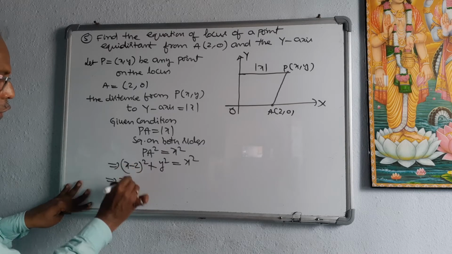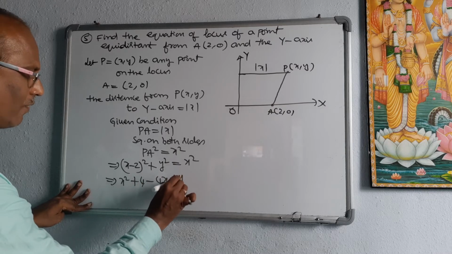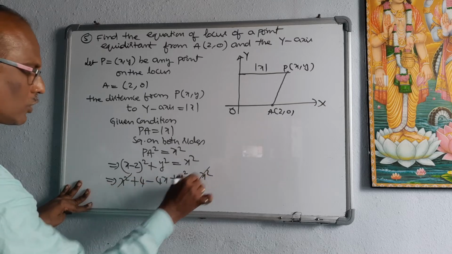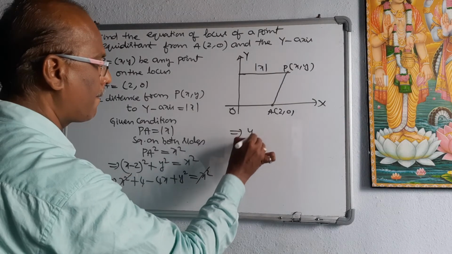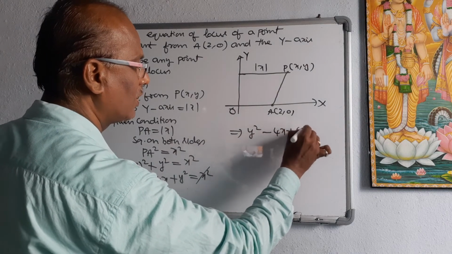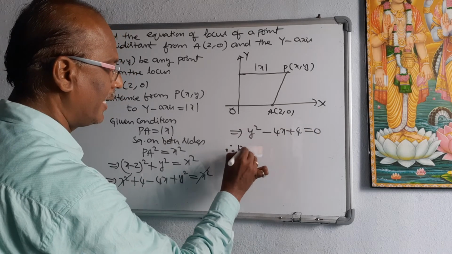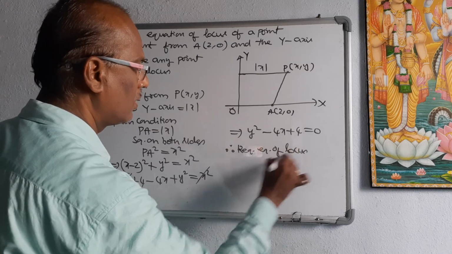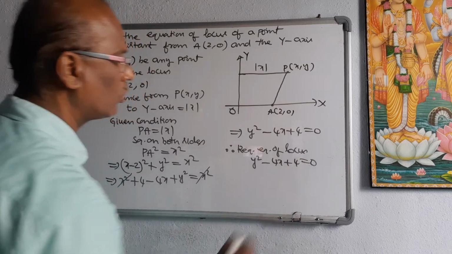X square plus 2 square, 4, minus 4x plus y square equal to x square. Here the x square gets cancelled. Y square minus 4x plus 4. This is the required equation of locus. Therefore, required equation of locus is y square minus 4x plus 4 equal to 0.